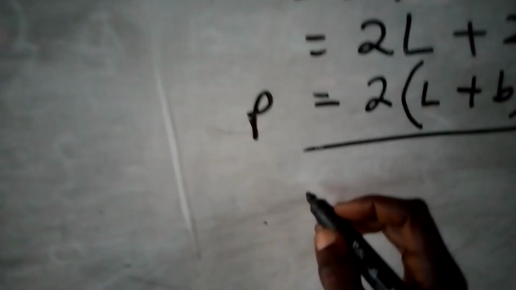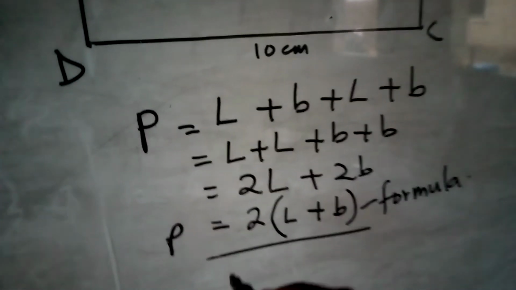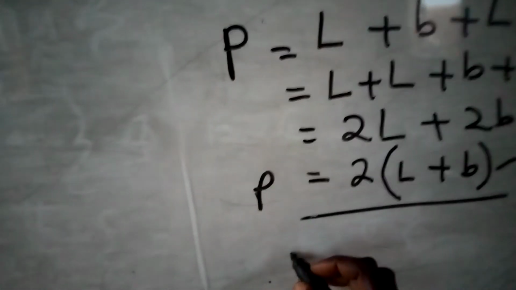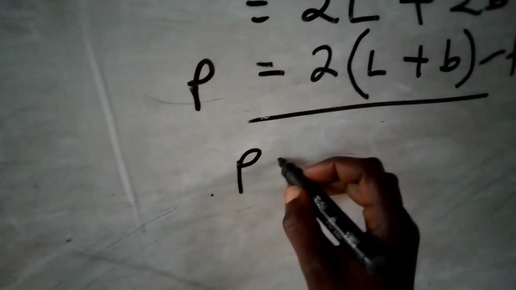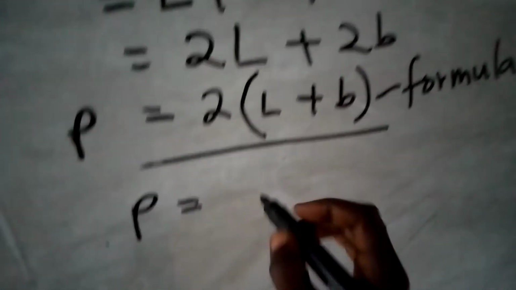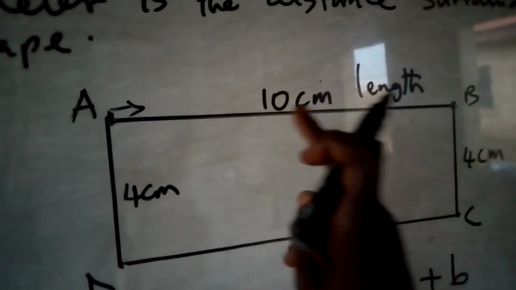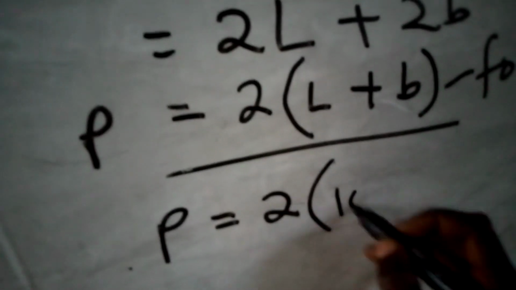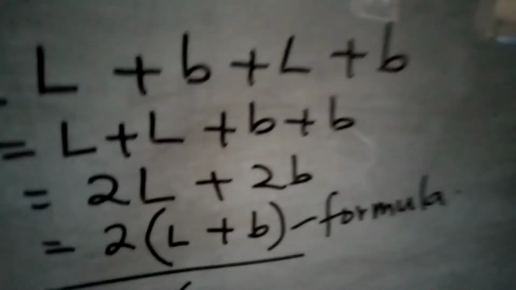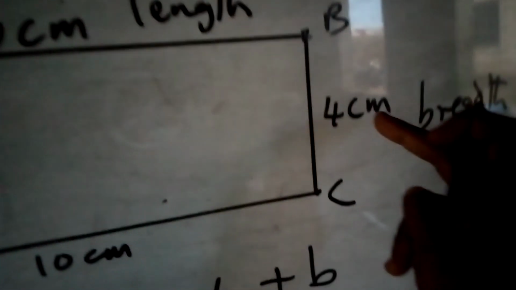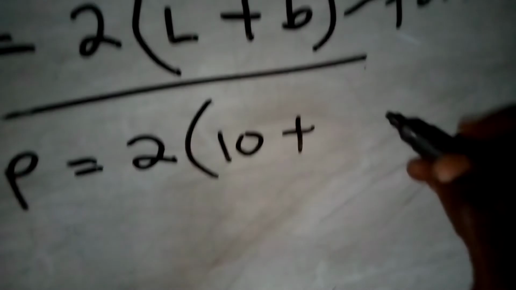So by implication, I'm going to work now to find the perimeter of the rectangle above. That is going to be perimeter is equal to, watch, 2, open your bracket. What is the length? See the length. The length is 10 cm. I write my 10 plus breadth. What is my breadth? Look at my breadth is 4. So I come down here.